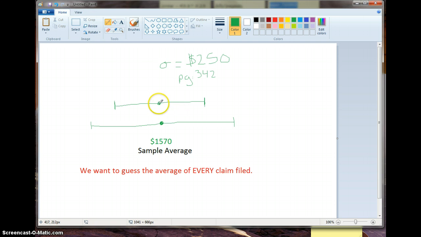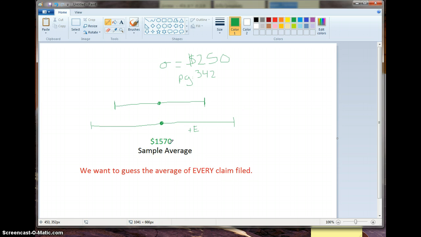So before we look at page 342, notice the mean's right in the middle. Our sample mean here is 1570. And for our guess of where the actual mean lies, we're going to take that number and add some error. This is called the error of estimation, because we think 1570 probably has some error.